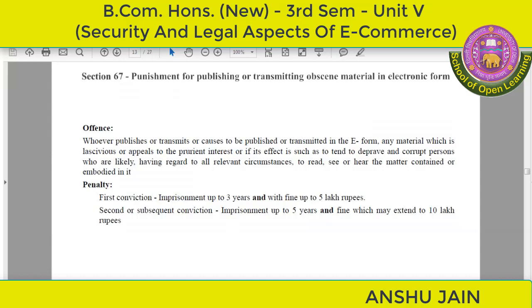This imprisonment of up to 3 years and the fine up to 5 lakh rupees is for the first time if you are doing such kind of offense.